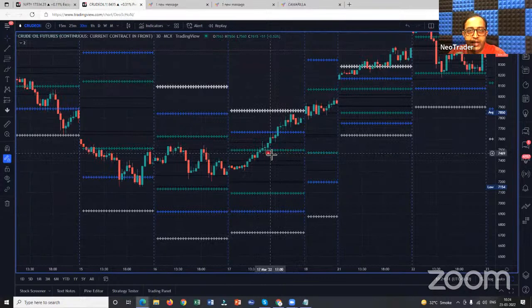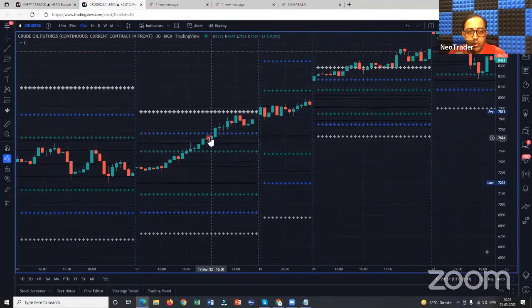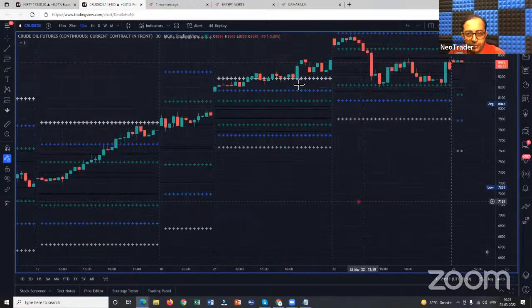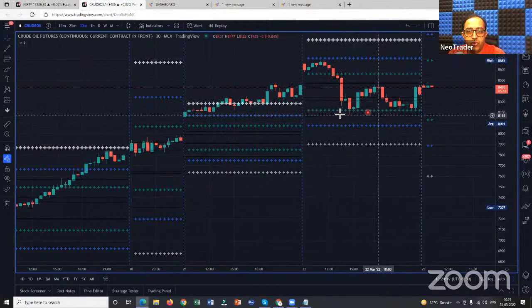The green line is H4. So every time it moves above H4, you get a possibility, and your target is H6. You can see here, anytime you move above H4, your target is H6. Here today, it has not sustained above H4, and it has not gone below L4. So that was yesterday's scenario.